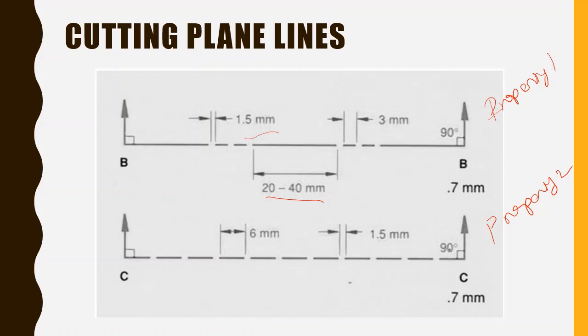This is one form of cutting plane lines, and the other form is property 2, the standard cutting plane line format, that is, equal dashed lines. Equal dashed lines means dashed lines 6 mm in length with 1.5 mm spacing. These are the specifications or properties of cutting plane lines, right?